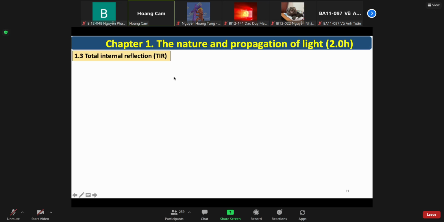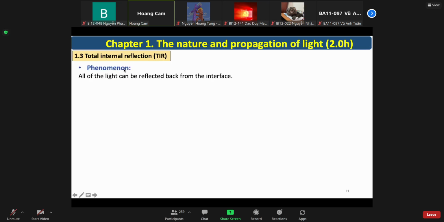When the light impinges on the surface of 2 materials, you will always have reflection for sure. But refraction, sometimes yes, sometimes no. And when there is no refraction, we say that it is a total internal reflection, or TIR for short.